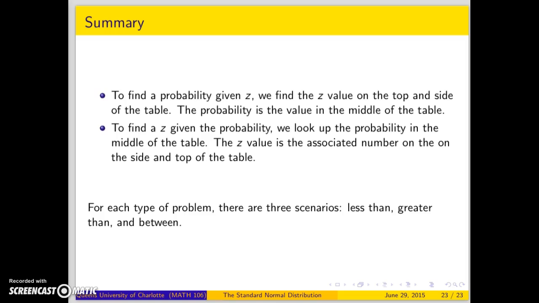And the second one is if you are asked to find the z and you're given the probability, you look up the probability that's closest, which is in the middle of the table, to find the z. And again, there are three scenarios for each of these problems: less than, greater than, and between. And that's it for this lecture.